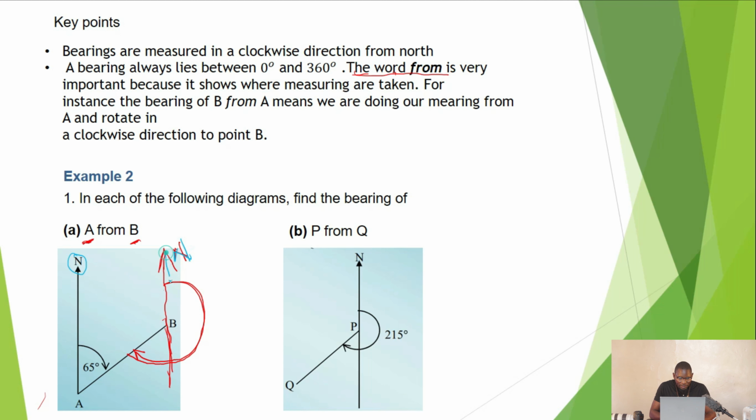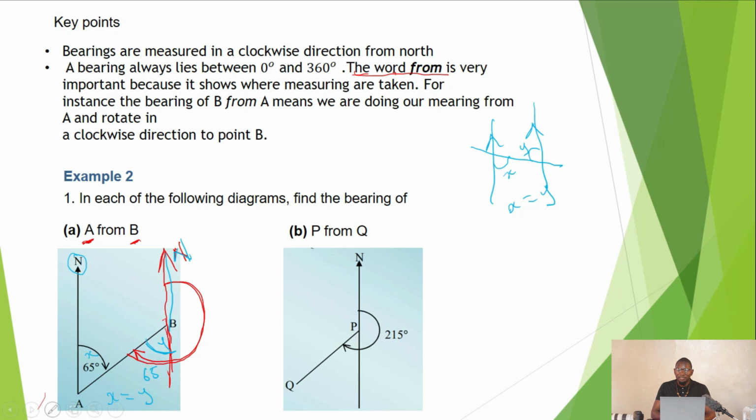So these lines are parallel to each other. So now you remember the property when we have 2 parallel lines like this, then you have a transversal like that, then it means that this angle and the other angle will be equal. So if this is our x and this is our y, it means that angle x is equal to angle y. So it means that this angle here is going to be 65.